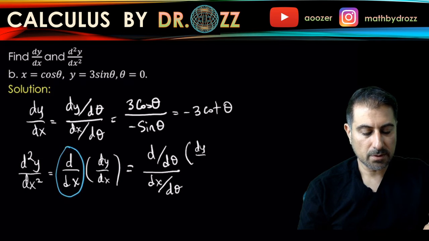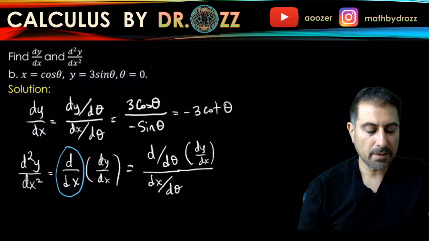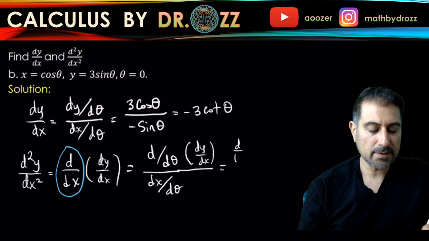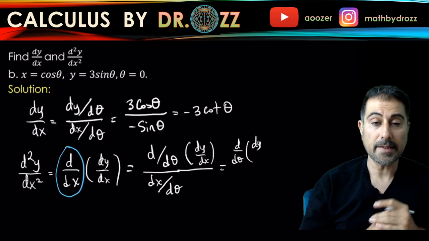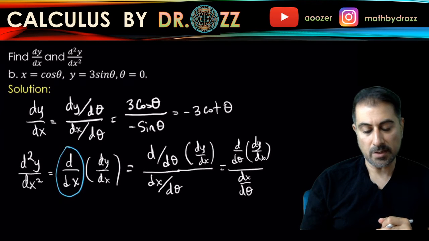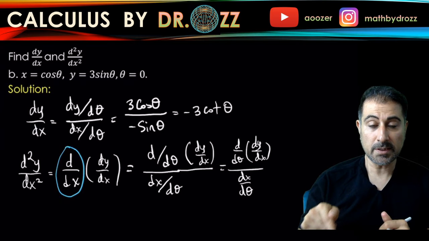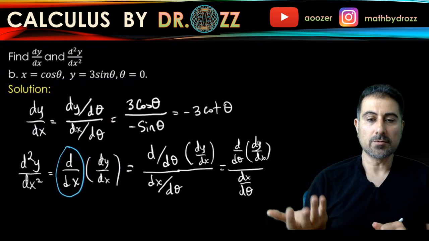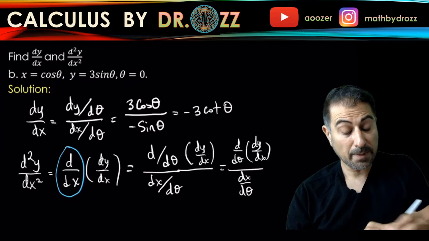So in short, this is going to be d over d theta of dy over dx, over dx over d theta. Okay? So essentially what that means is I'm going to take the derivative of dy over dx at the top, and I'm going to take the derivative of x with respect to theta.